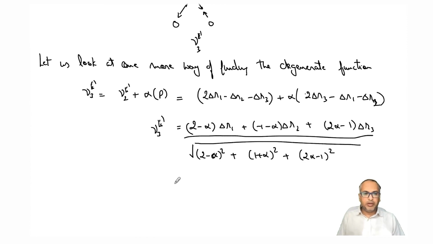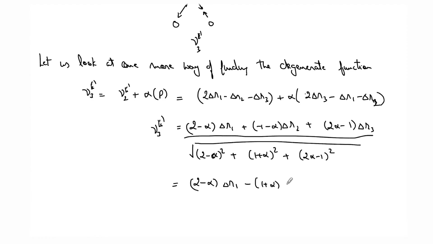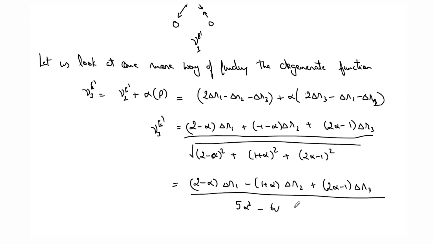Okay, now if we simplify this, what do we get? 2 minus alpha delta R1 minus 1 plus alpha delta R2 plus 2 alpha minus 1 delta R3, divided by the square root of 5 alpha square minus 6 alpha plus 6.